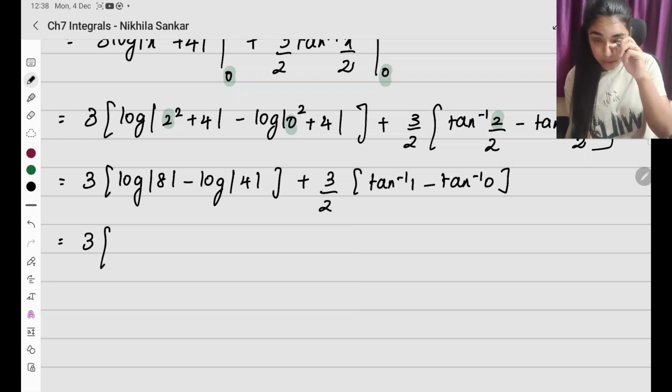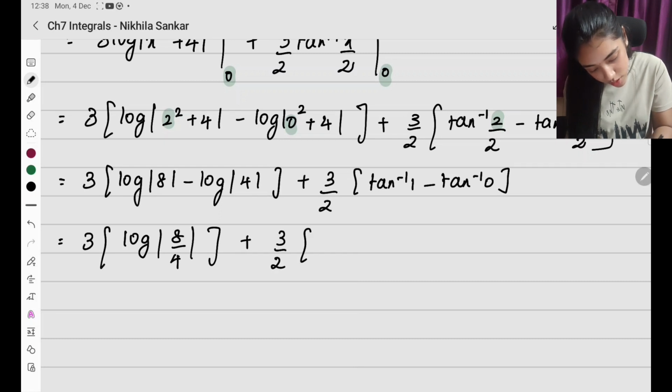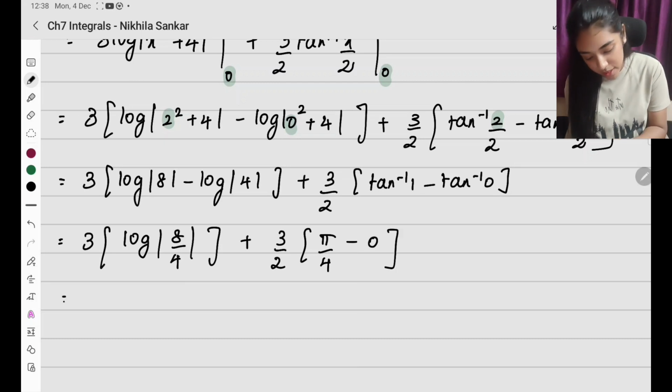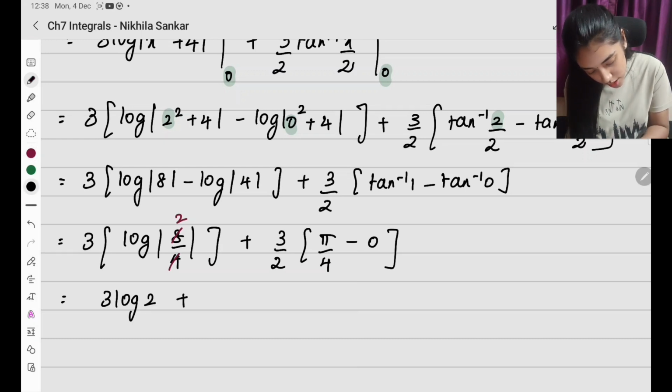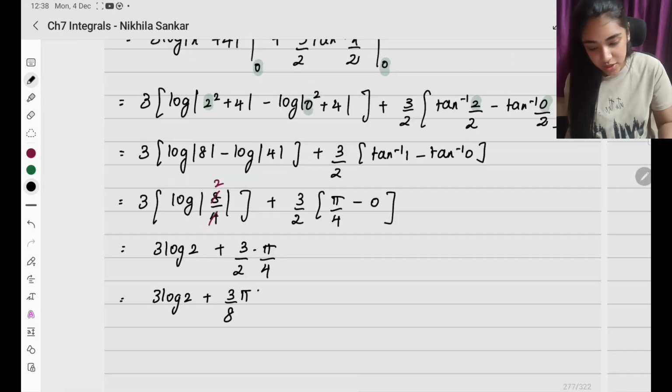Log of a minus log of b is log of a by b. So log mod 8 by 4, plus 3 by 2 times tan inverse of 1, which is pi by 4, that is 45 degrees, minus 0. Tan inverse of 0 is going to be 0. So I can cancel, this becomes 2. So I have 3 log 2 plus 3 by 2 times pi by 4. So what is the final answer? 3 log 2 plus 3 by 8 times pi. So this is my final answer.